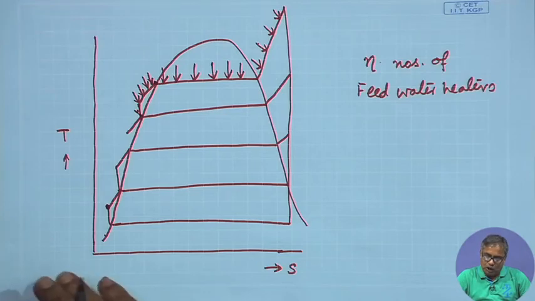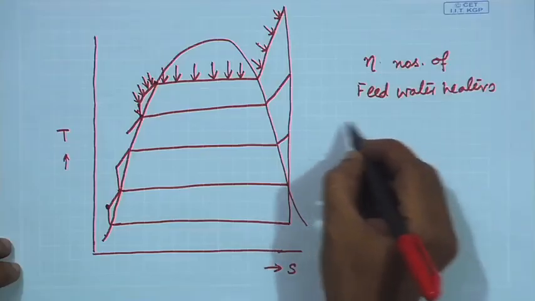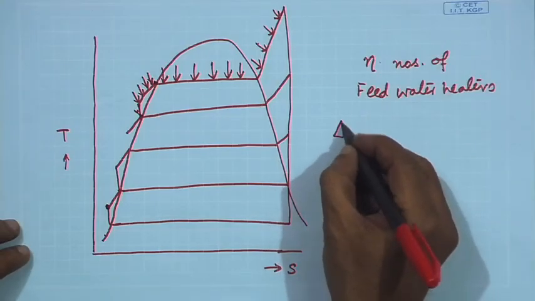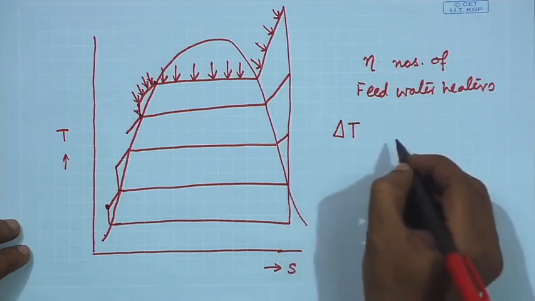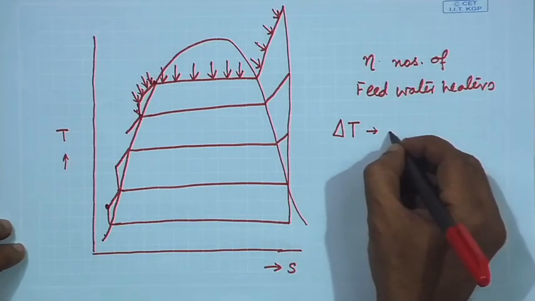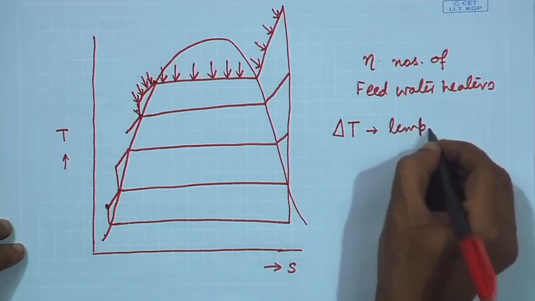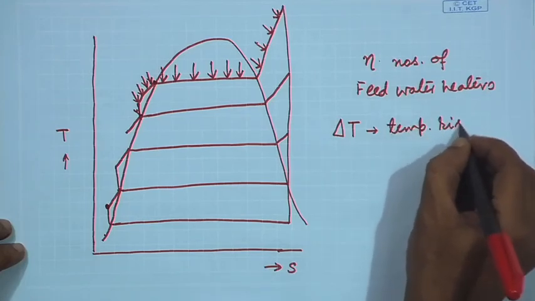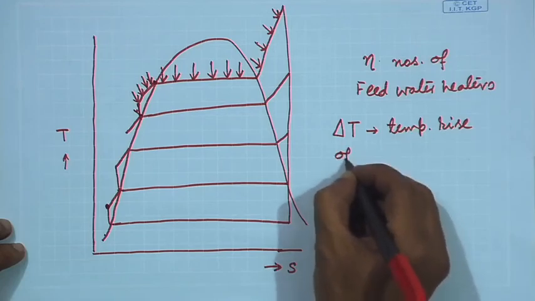So, corresponding to the boiler pressure I know the saturation temperature also. So, let us say I have to raise delta T amount, the temperature rise of the condensate.